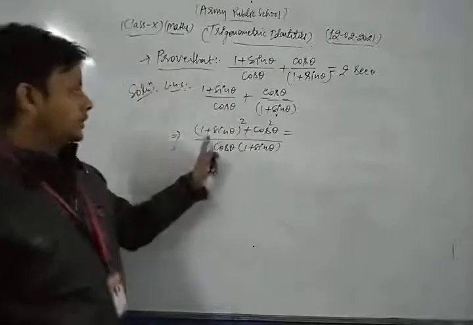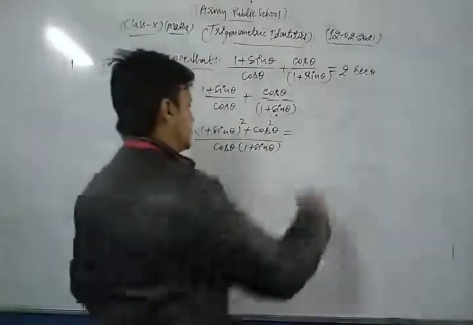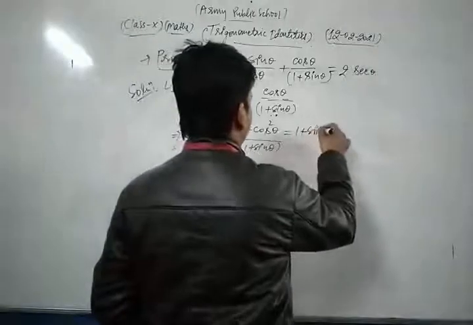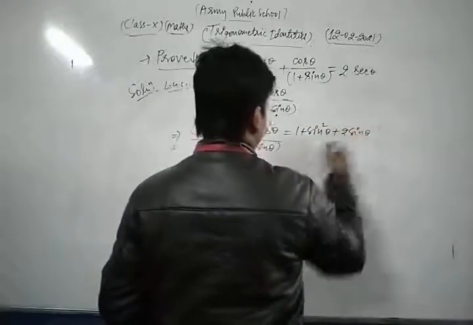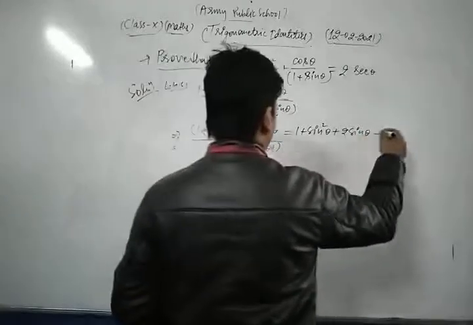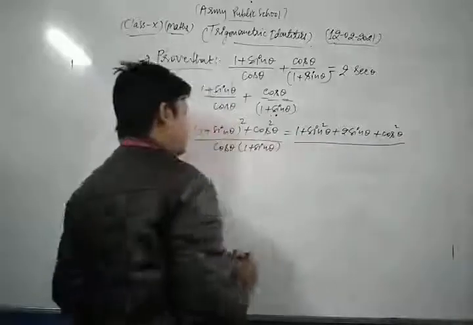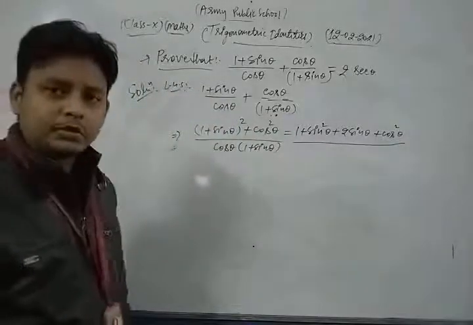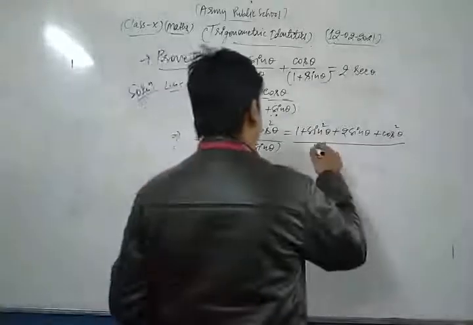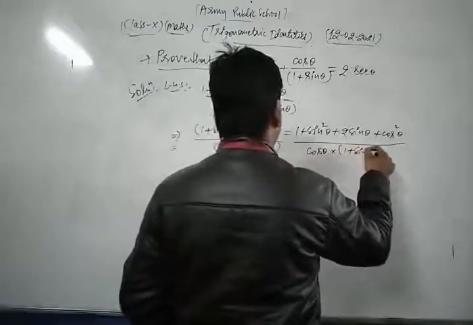Now we expand (1 plus sin theta) whole square using the identity (a plus b) whole square equals a square plus b square plus 2ab, meaning 2 sin theta, and plus cos square theta written as it is. In the denominator we write cos theta into (1 plus sin theta).